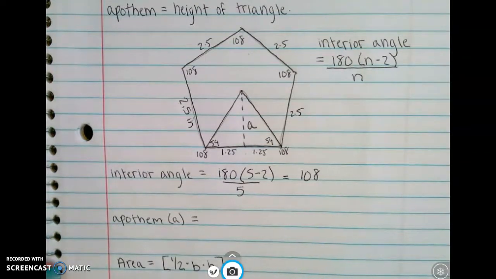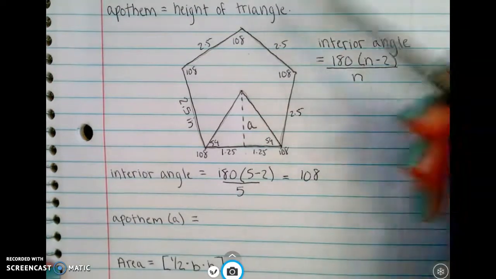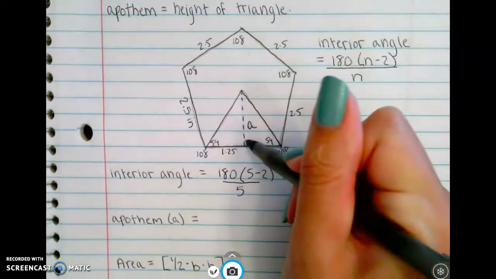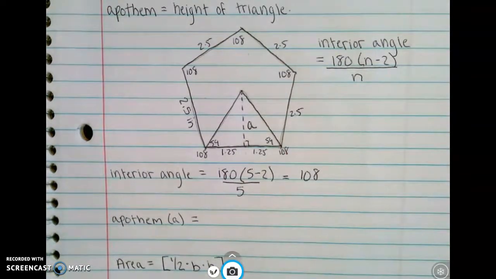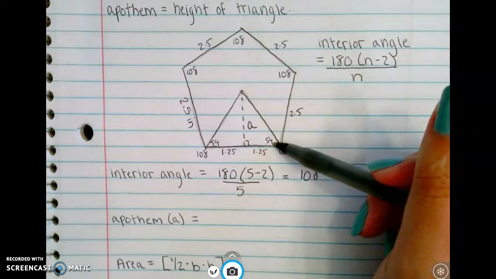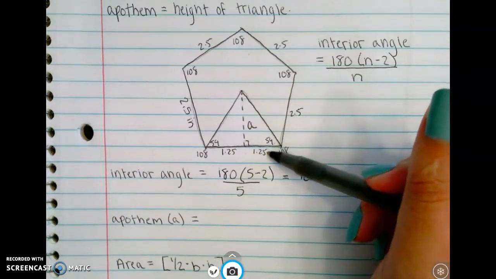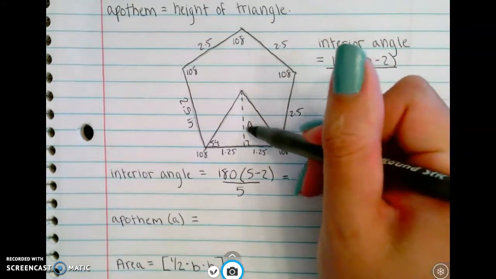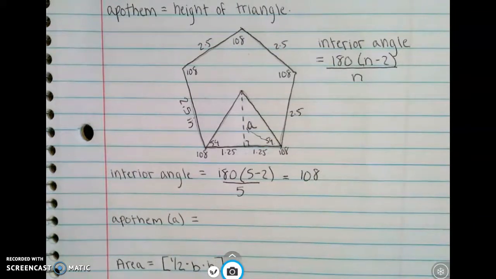So to calculate the apothem, we need to determine what trig function we're going to have to use. Remember, this is a right triangle inside this pentagon. We have the 54 degrees, we have the side that's right next to it, the adjacent side, and we're looking for the side that's across from the 54 degrees, the opposite side.